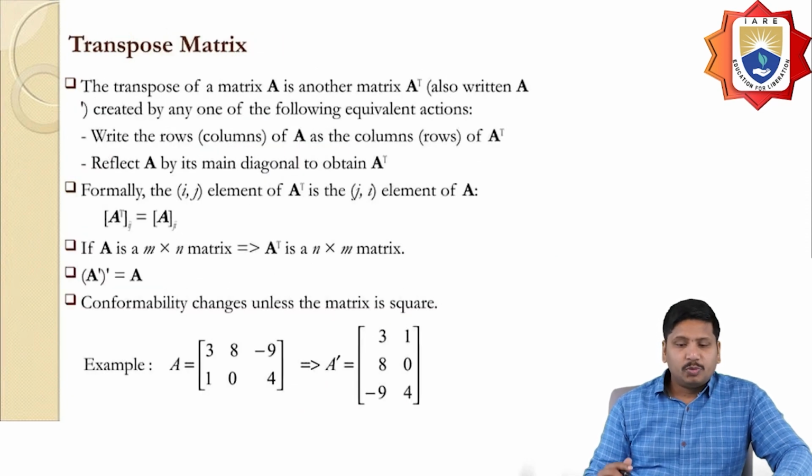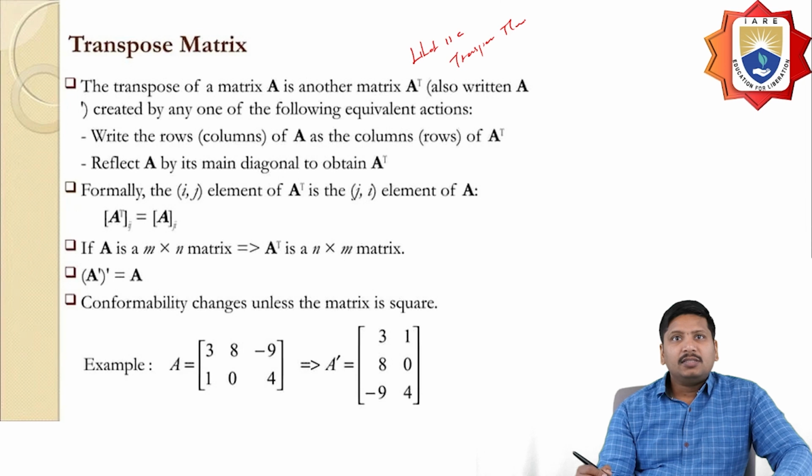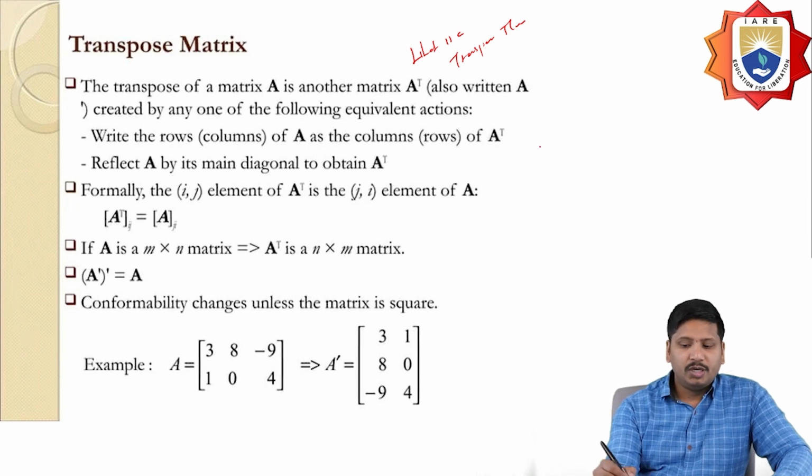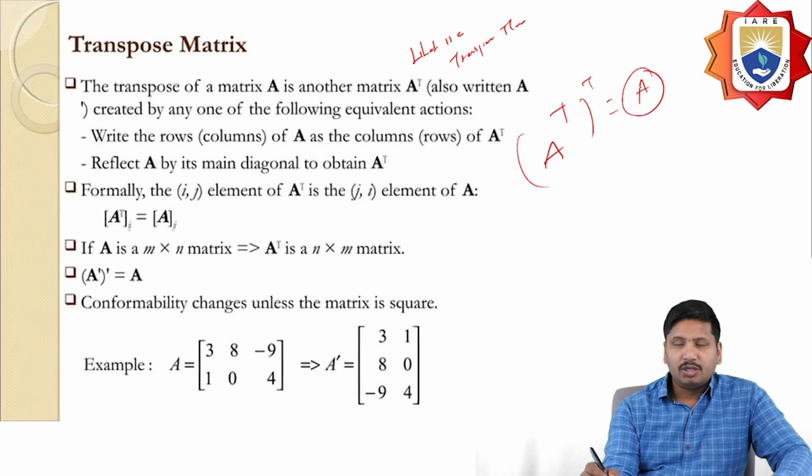Next, what is the transpose of a matrix? The transpose of a matrix A is usually written as A transpose. That means the rows are converted into columns and the columns are converted into rows. Formally, we have some rules. If I apply the transpose again to A transpose, I get the original matrix.